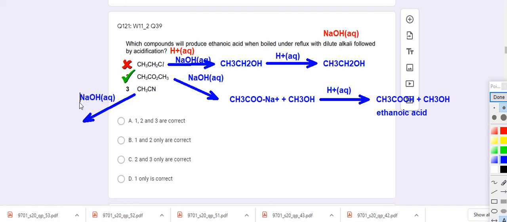Acid and alkali are just catalysts to increase the rate of hydrolysis. So this ethanenitrile can undergo hydrolysis with sodium hydroxide. We get carboxylate salt again.